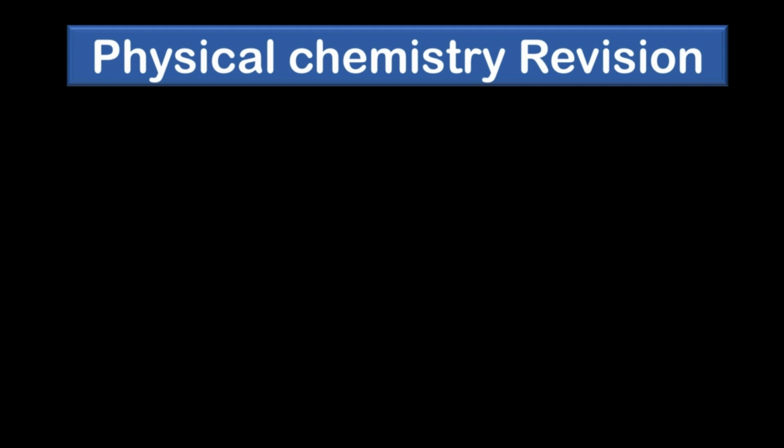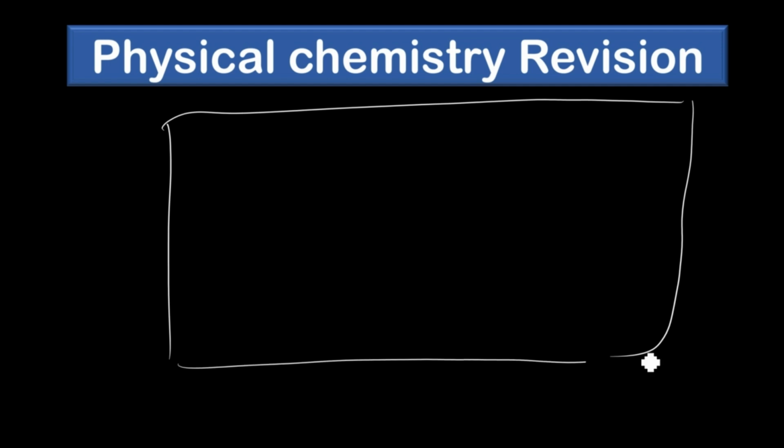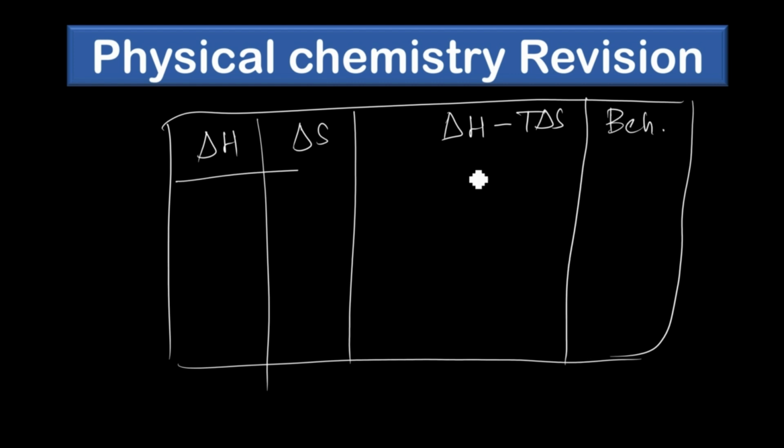So there is a table I'm giving you here. Most of the questions from this part are a combination of this table. Okay, so here we have delta S, delta H, the combination of these and the behavior. The first one is delta H negative, delta S positive.